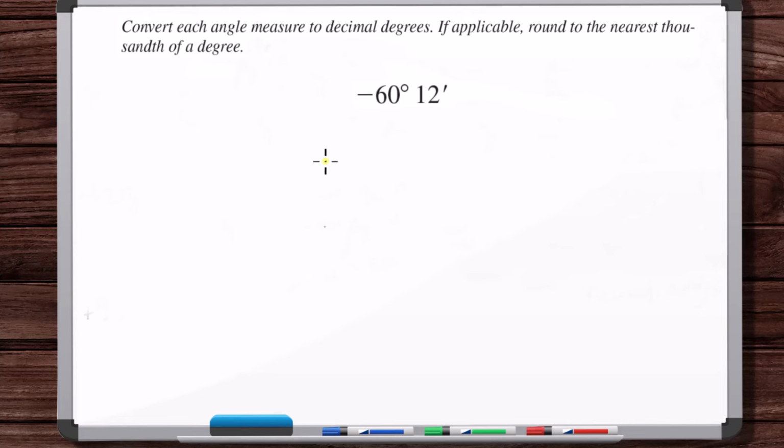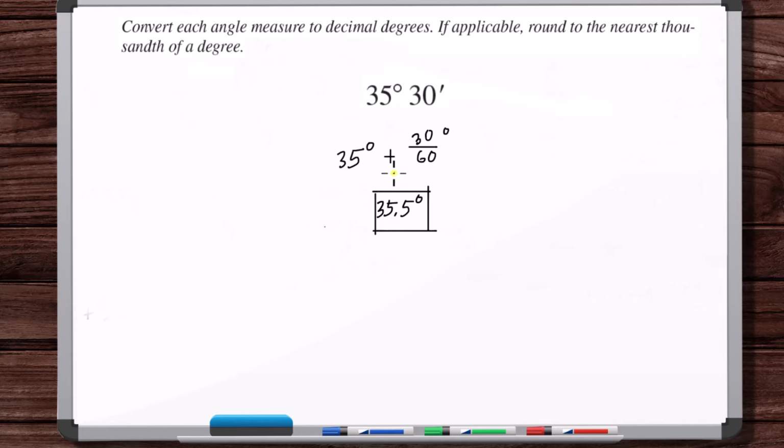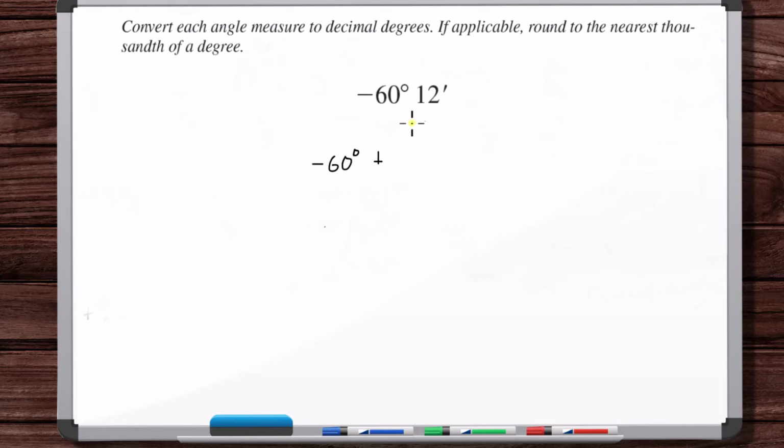Okay, minus 60 degrees, 12 minutes. This is minus 60 degrees plus 12 minutes. But, okay, I guess in the previous example, I think doing this plus here probably wasn't the best way to do it. And I say that because you don't want to do that here, because it would be like if I had the fraction 4.5.